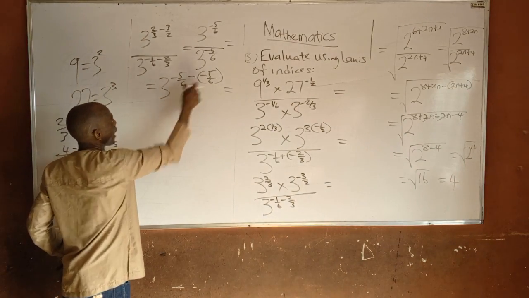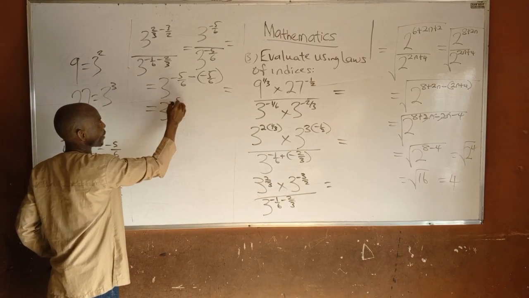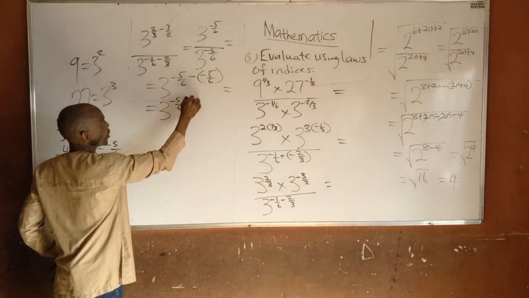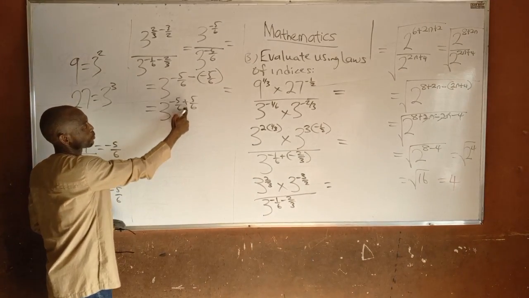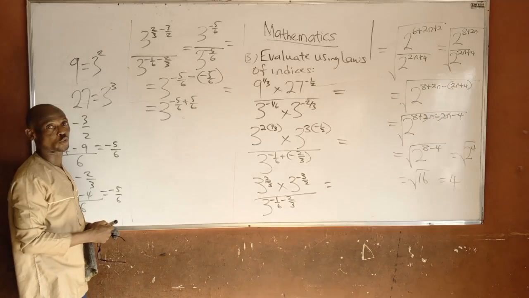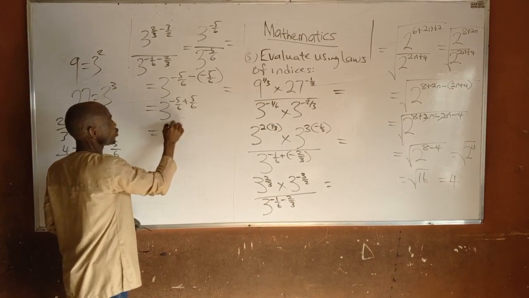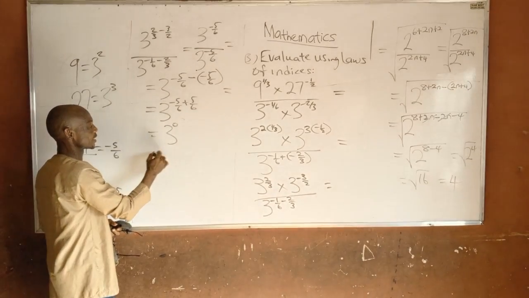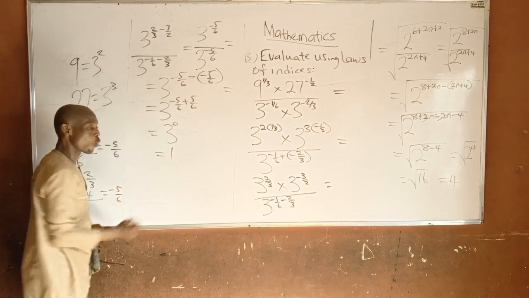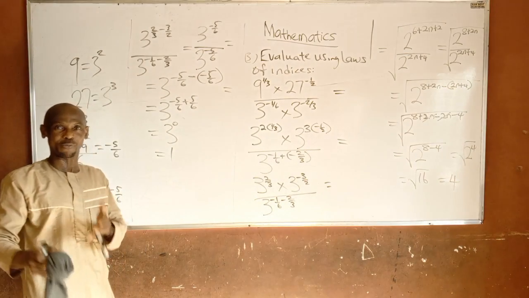So minus times minus here will give us plus. We now have 3 raised to power minus 5 over 6 plus 5 over 6, which becomes 3 raised to power 0. And anything raised to power 0 for our indices is equal to 1. So we have succeeded in using the laws of indices.